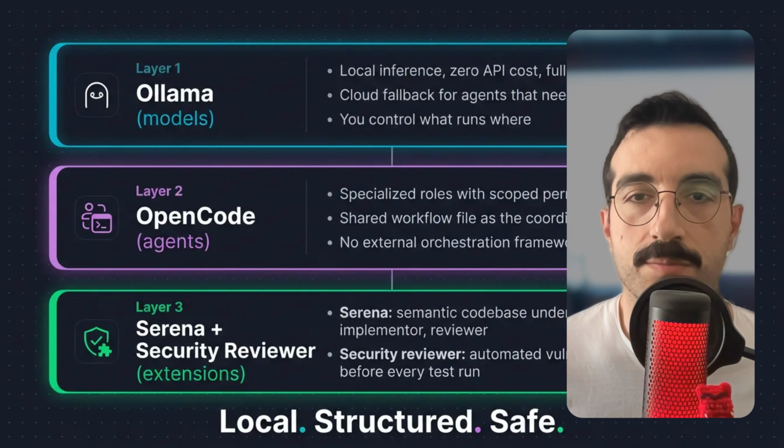The design principle is the same: narrow agents, clear handoffs, and nothing writes code except the implementer. That's the full workflow. Ollama for local and cloud models, OpenCode for the agent structure, Serena as a semantic code assistant, and the security reviewer that audits every change. All on your machine, no API key required.